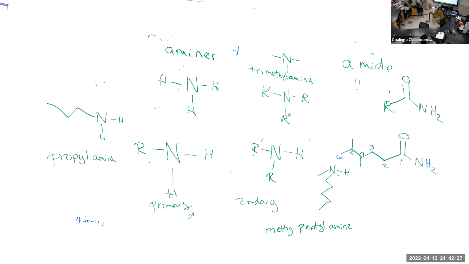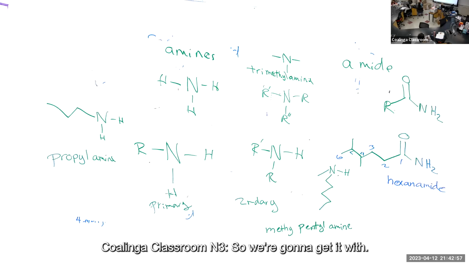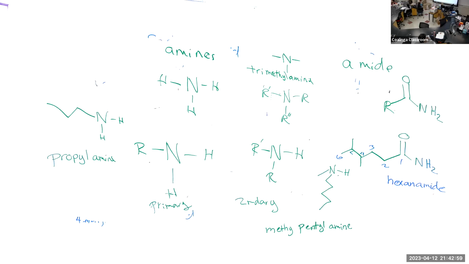Six carbons. So prefixes. All single bonds. So we're going to end it with amine. Location. Well, it's 5 chains. 5 and 4. So 5, 4. 4, 5. Sorry. And they're what?